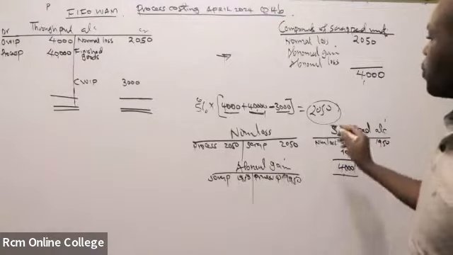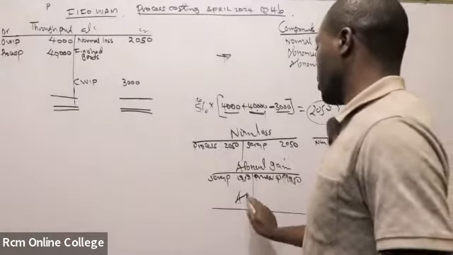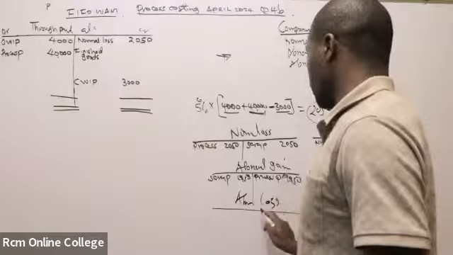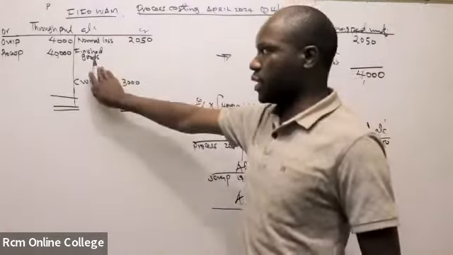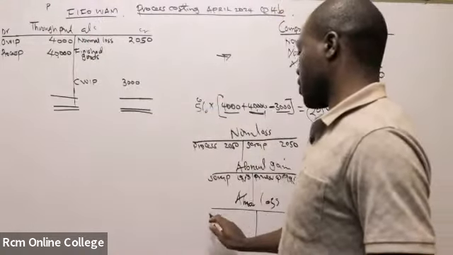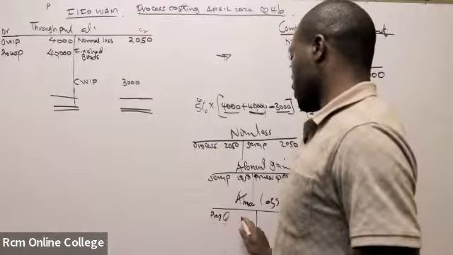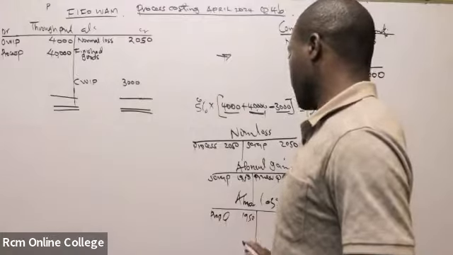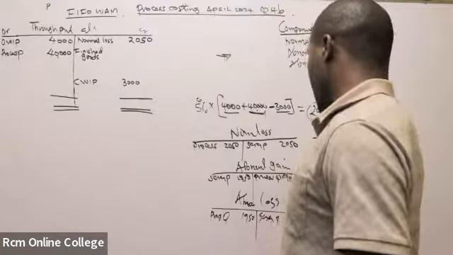How about if it was abnormal loss? Abnormal loss is normally credited in the process account. When I come here, I will debit it, right? So process Q is giving us 1950. Then you take it to the scrap account, we take the 1950 and I'm crediting here.